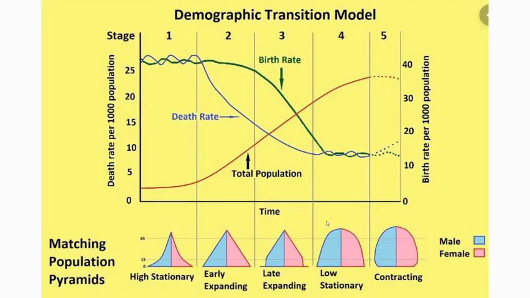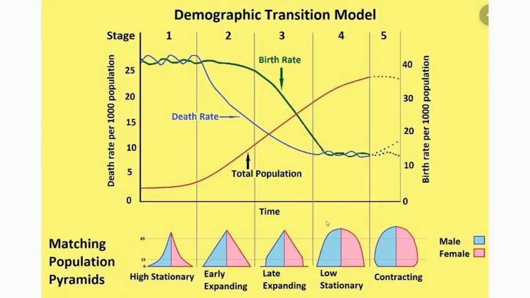Another way to look at this graph is to try to match it up with population pyramids, and this is pretty common on the AP test, where high stationary populations might be sort of those J curves that you can see under the stage one population pyramid.